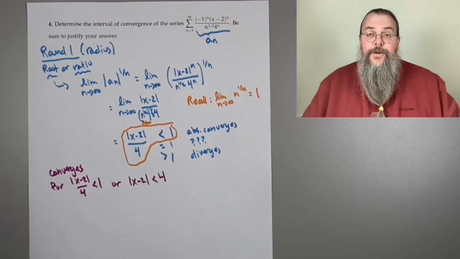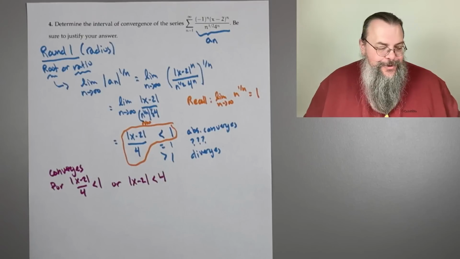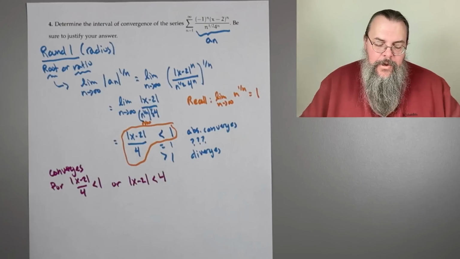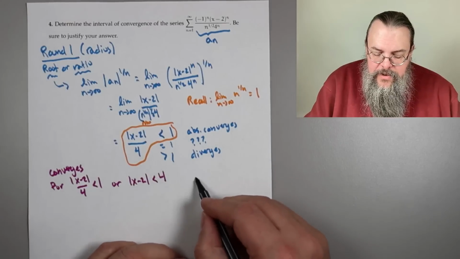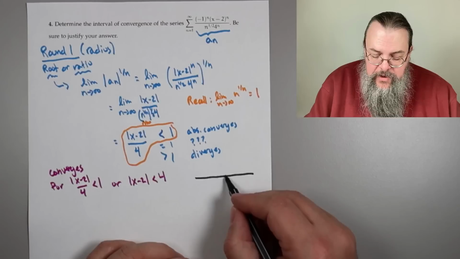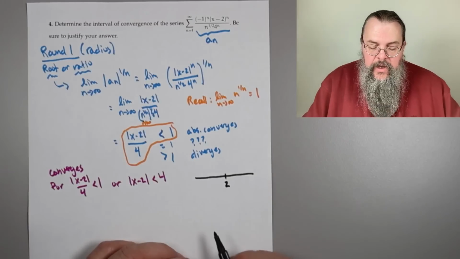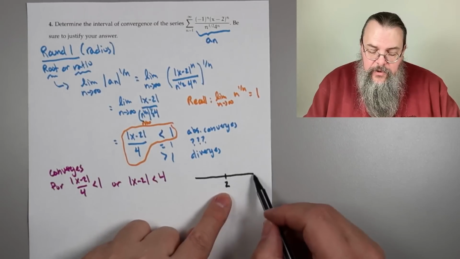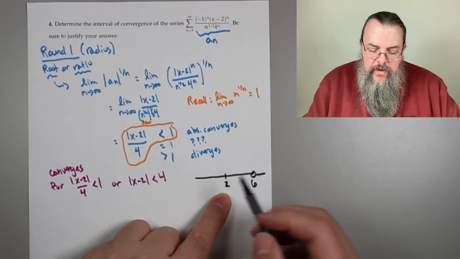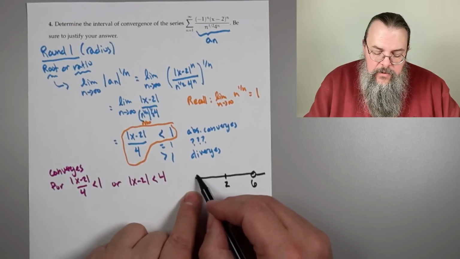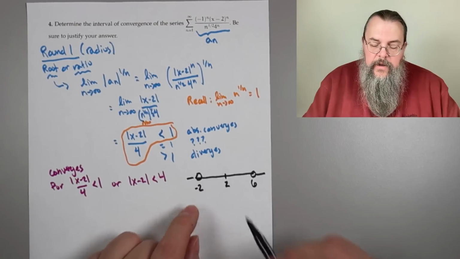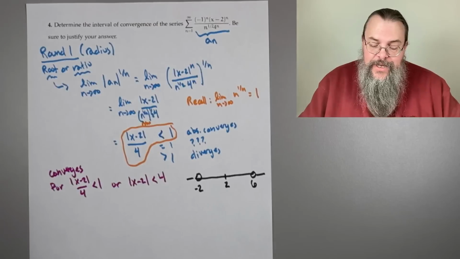Okay, cool. So, picture, let's update where we're at. What we know is if we start at 2, then we go 4 in each direction. So 2 plus 4 will get us out here to 6. 2 minus 4 will get us out to negative 2. We are converging in between those two.